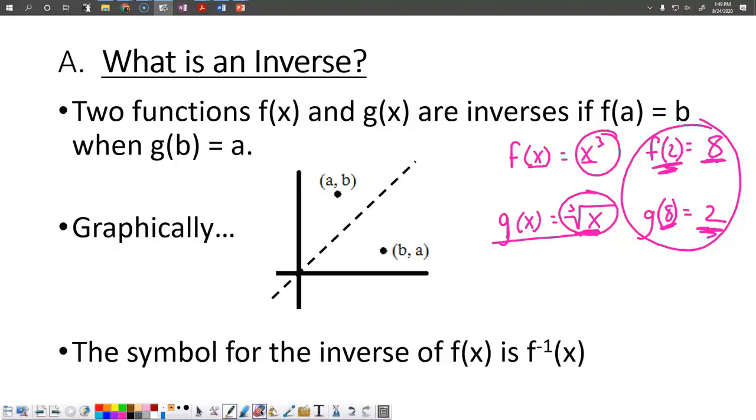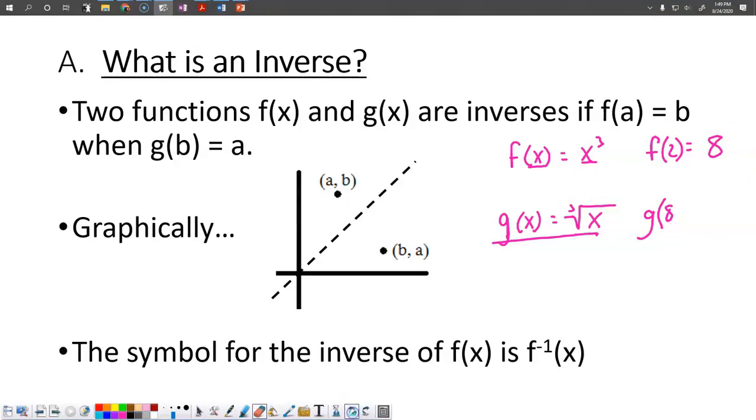Now, whenever you find two functions that are inverses, like this example of f and g, instead of calling the other one g, we could call it f with a little -1, meaning inverse. That way, we know that they're related to each other. We know that they're inverses of each other.